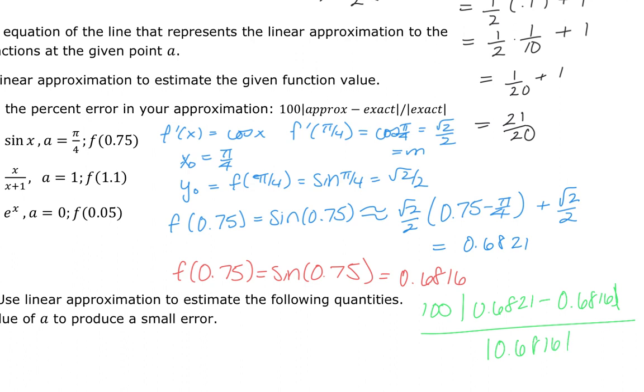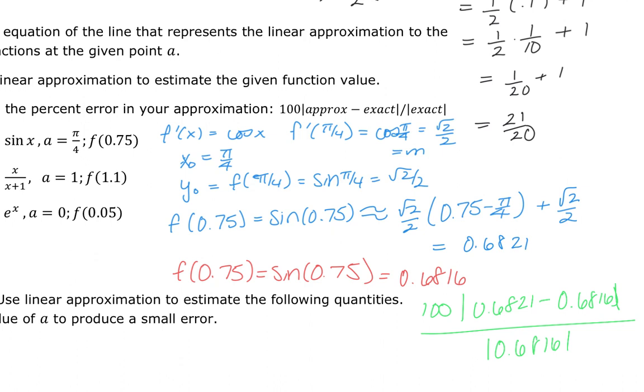I'm going to plug that in, 100, and then times 0.6821 minus 0.6816. I'm going to divide that by 0.6816, make sure that nothing's negative.